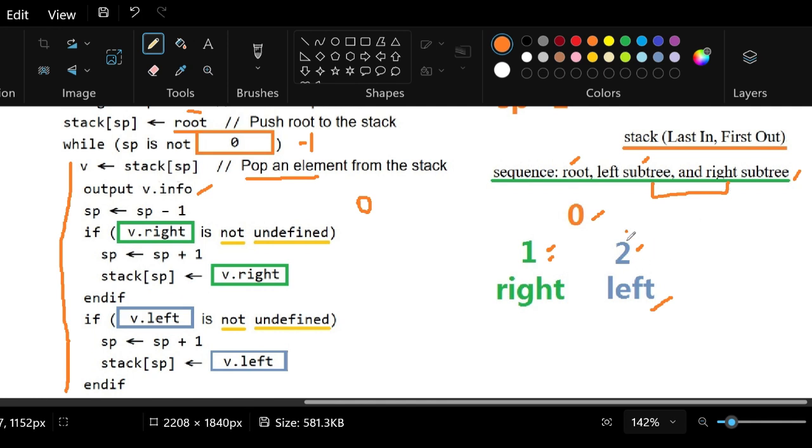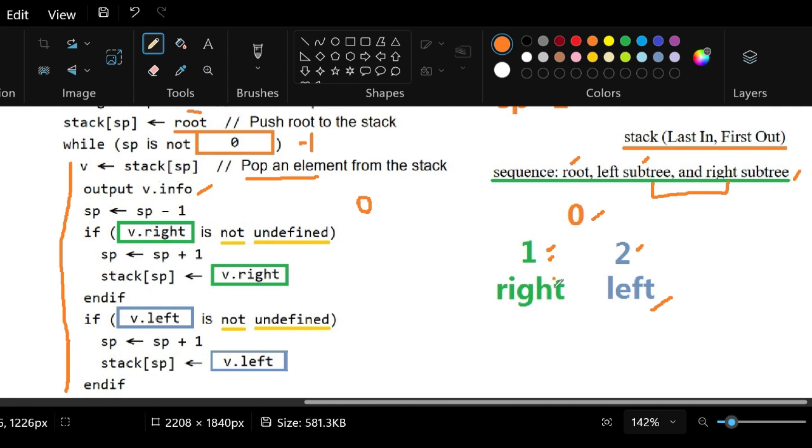I think many people would likely make the mistake that they see the sequence root, left subtree, then it's supposed to be root, left and then right. They immediately think that it's going to be like that, but what we have is a last in first out stack. So in that sense, we need to reverse this one so that we can get the correct output.